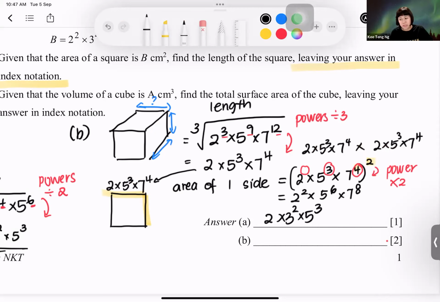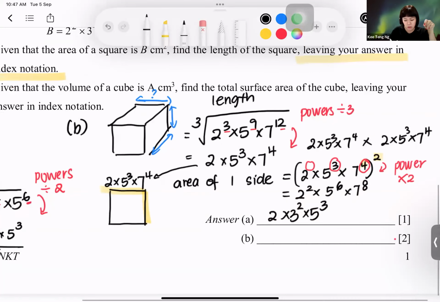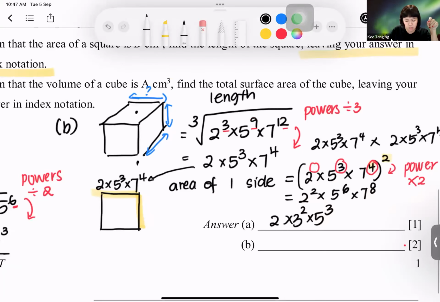Top, down, front, back, left, right. So 6 sides: the top, the bottom, the front, the back, the left, the right. Correct?